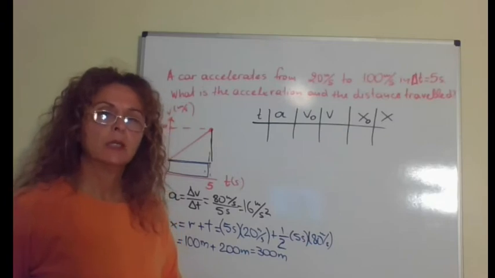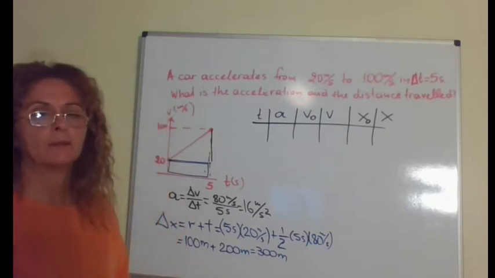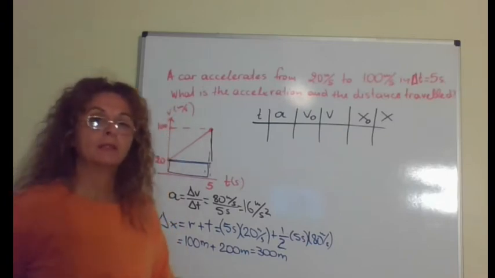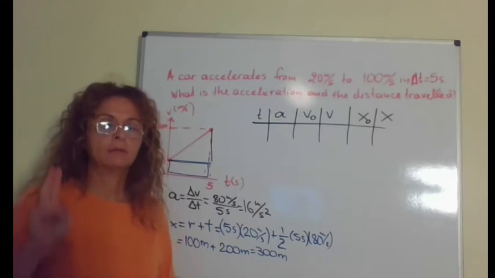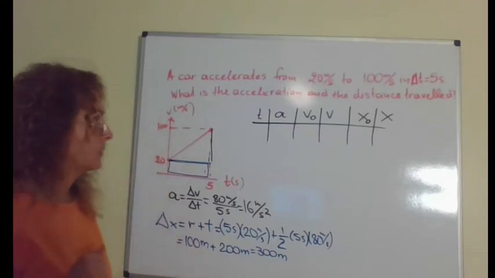Okay, there are always 6 quantities related, and we need to know all but 2. Why that? Because we have 2 equations.